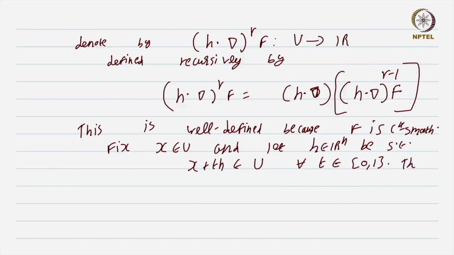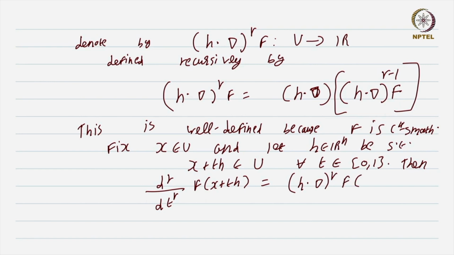Then d^r by dt^r of f of x plus th is nothing but (h dot grad) power r of f at x plus th. So you can convert the derivative in t to taking derivatives with respect to this new operator h dot grad.